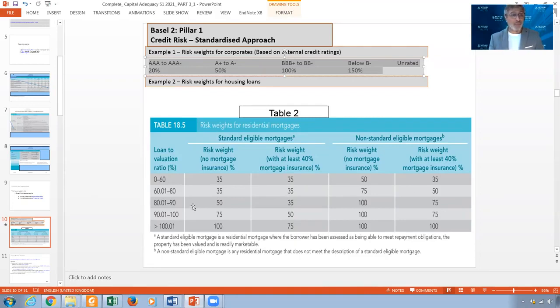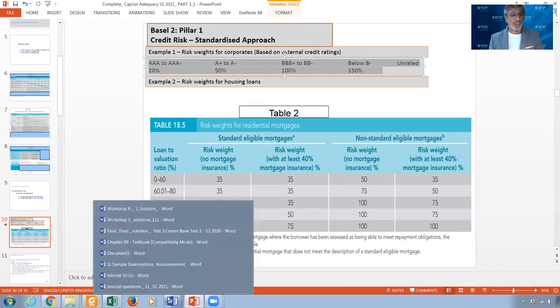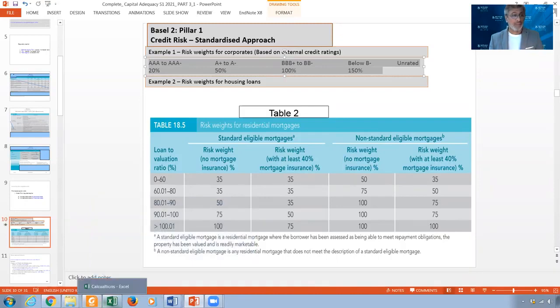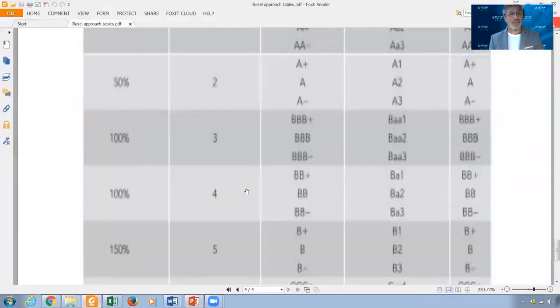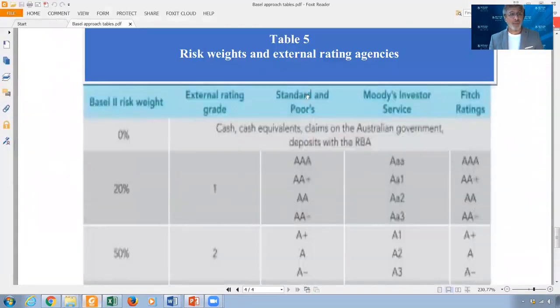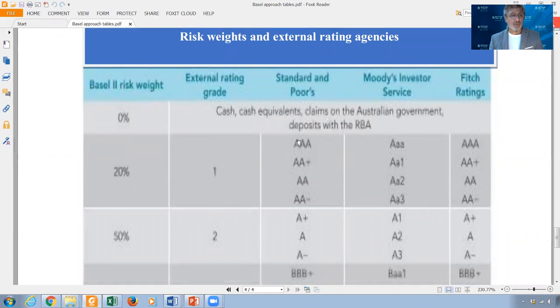And if you go to table 5 here, you just take the value for the assets and apply it. As you can see here, we are using Standard & Poor's. We are not using Moody's or Fitch. We are using Standard & Poor's.